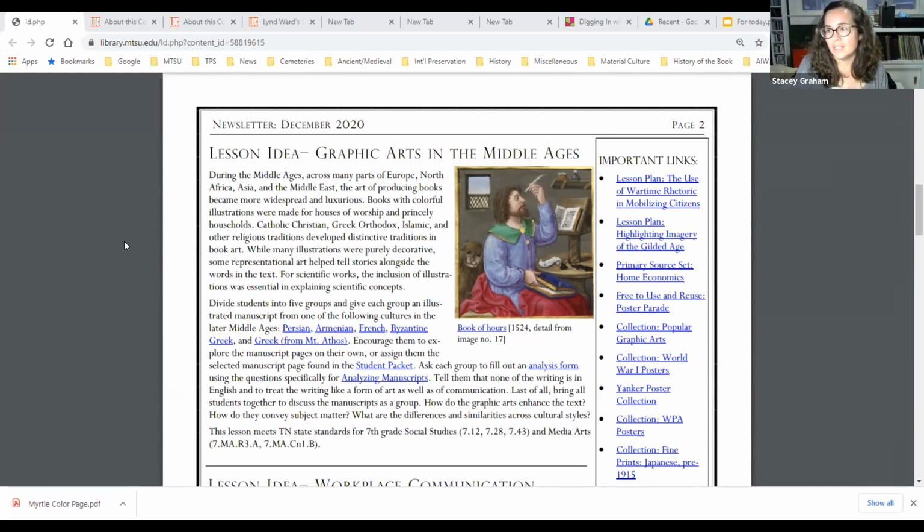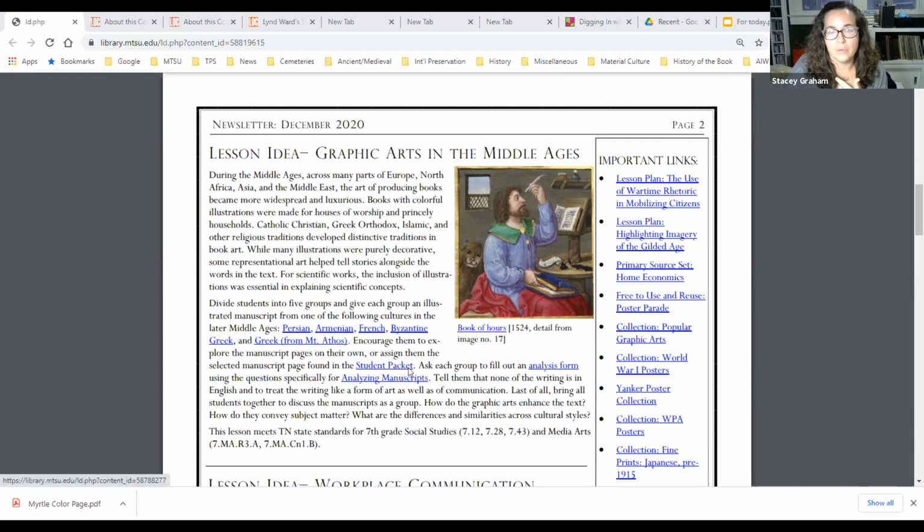We have a lesson idea that looks at illuminated manuscripts from various medieval cultures, including Persian, Armenian, French, Byzantine Greek, and more.